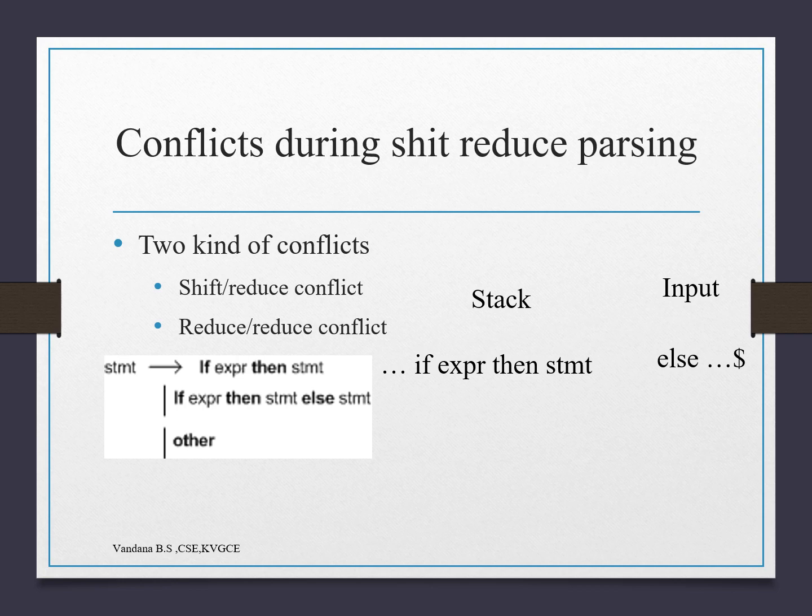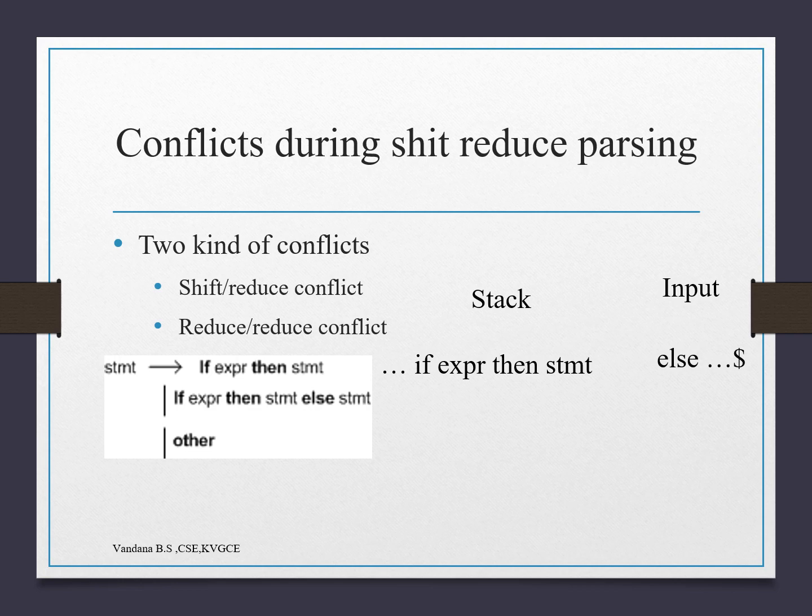Now let us consider an example of an ambiguous grammar. This can never be an LR grammar. For example, consider the dangling else grammar. Statement derives if expression then statement, or if expression then statement else statement, or other.